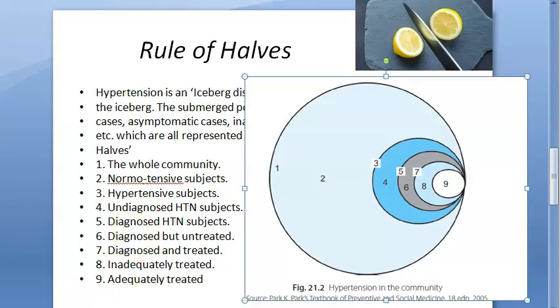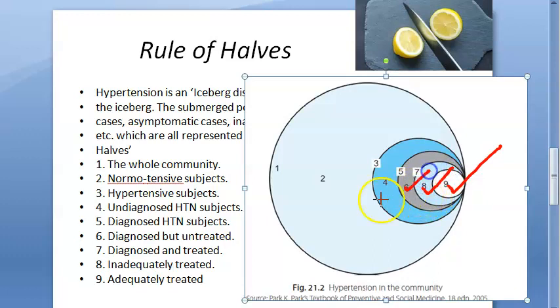So in the exam, how will you draw this? If they ask you, you will draw 5 circles. First circle, second circle, third circle, fourth circle and fifth circle. 5 circles you have to draw, guys. The last one tells you diagnosed, treated and adequately treated. Then this one will be diagnosed, treated.